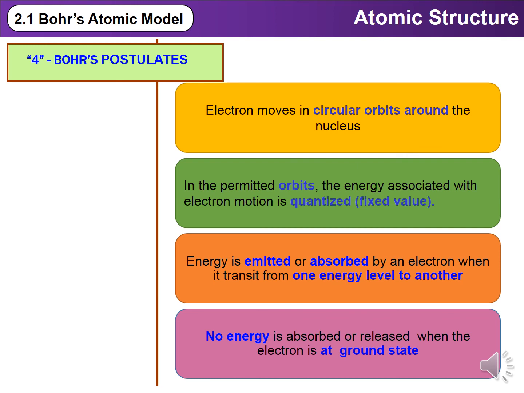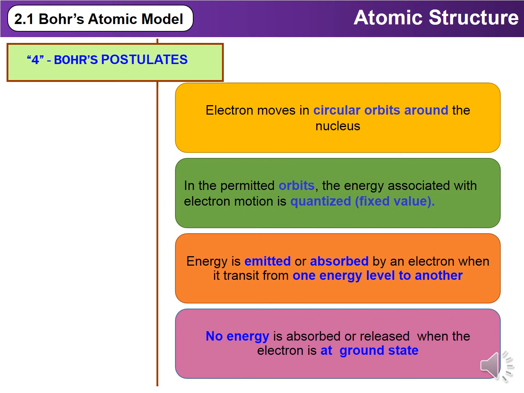In this slide, you will see 4 Bohr's postulates. The first postulate says the electron moves in a circular orbit. I mean, it goes round the nucleus. The nucleus is the center. And if the electrons want to move to a higher level, they need to absorb energy. If the electrons want to move nearer to the nucleus, they have to emit energy.